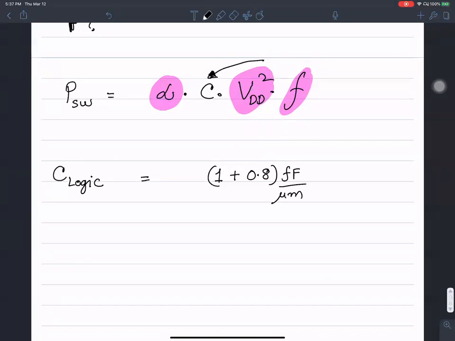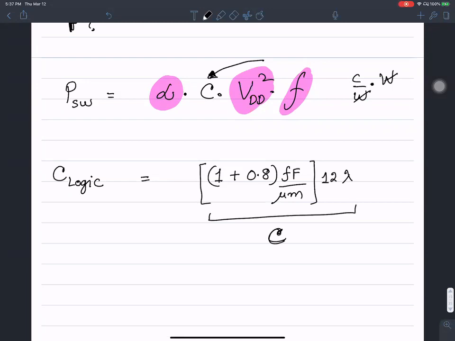Capacitance per micrometer is given. If I multiply that by the width of the transistor, which is given to be 12 lambda, so what is given is C by W, if I multiply that by the average width, these cancel out, and I will be left with a single term that represents capacitance.